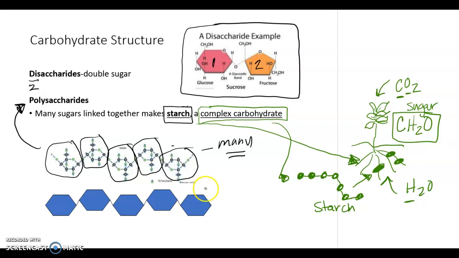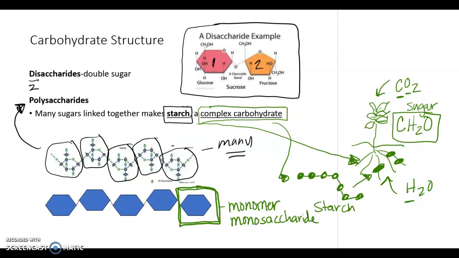So right here, if we were looking at one single sugar, we would call that a monomer, or a monosaccharide in this case.